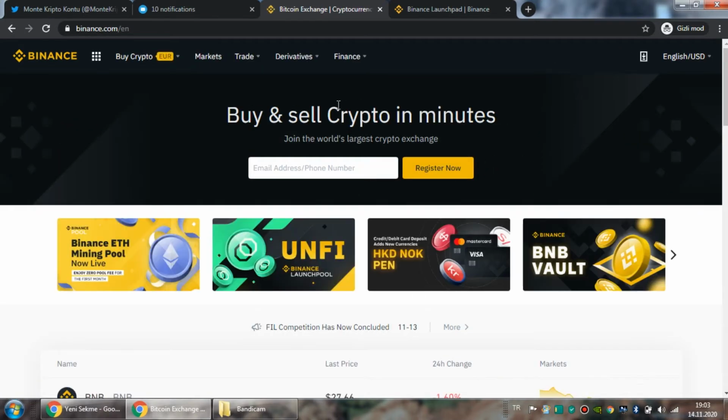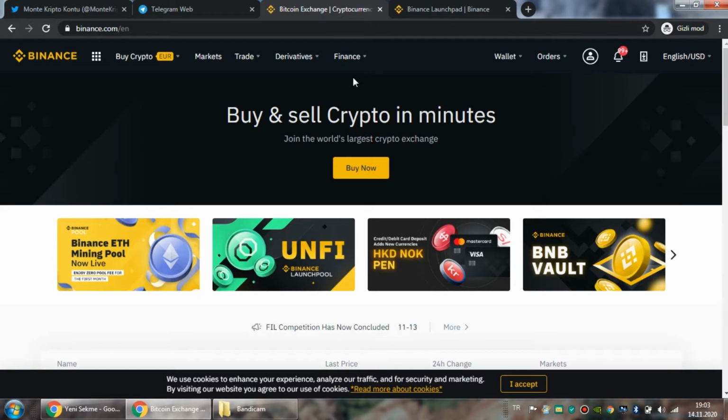Okay, if we want to participate in this launch pool, for example I have BUSD, which is a stable coin. 1 BUSD is equal to $1. So think about it, I have digital dollars and I'm holding them in my spot account.